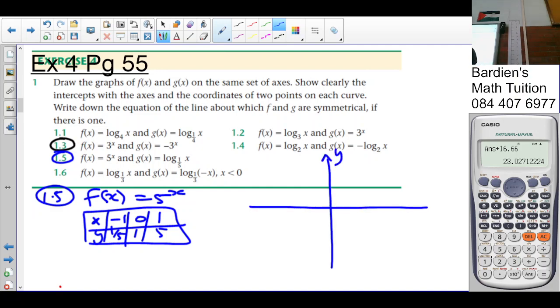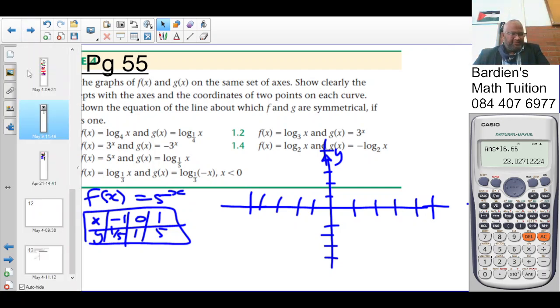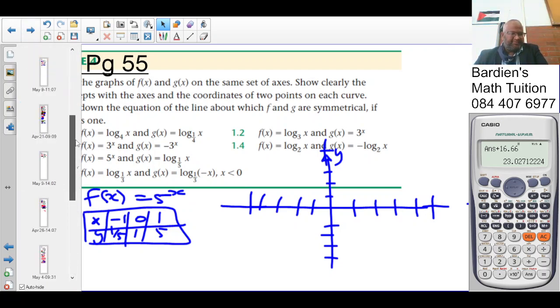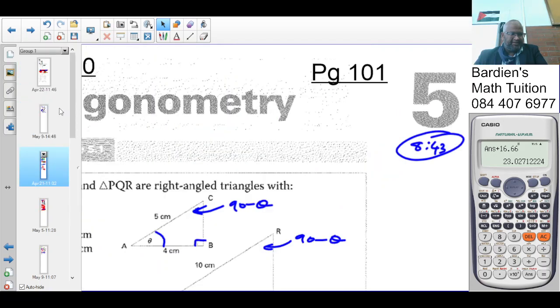So we got what's the name here? That is grade. Let's go to grade 9.